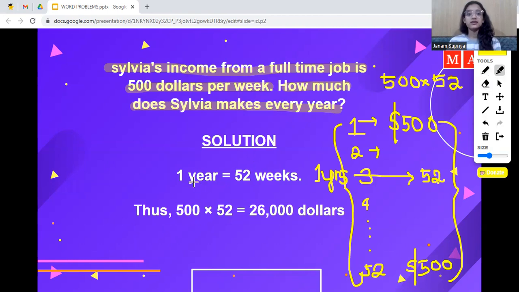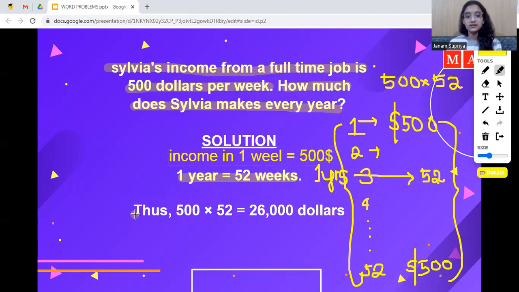It's written, yes, 1 year has 52 weeks. Let's start with the given part, which will be income in 1 week equal to $500. Fine.